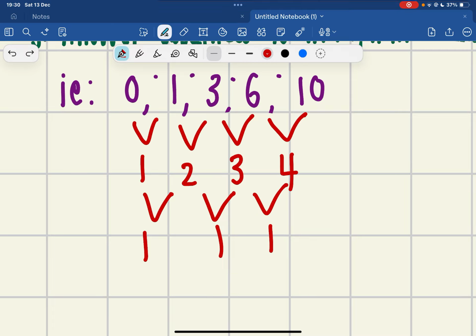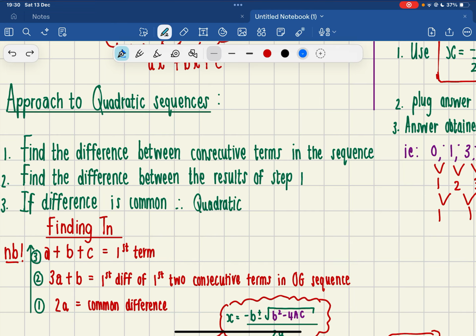Okay, that being said, I want us to move to finding the equation of a quadratic sequence, boys and girls. How do we find the equation of a quadratic sequence? Follow exactly what I say. Write this down in your book or wherever.